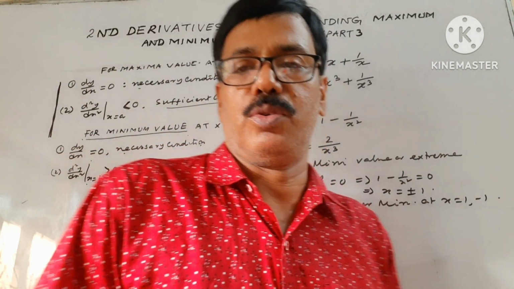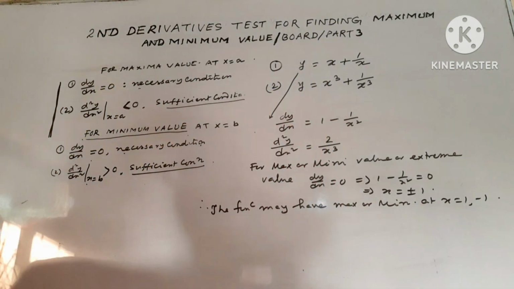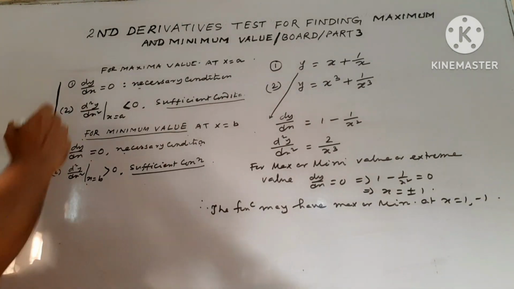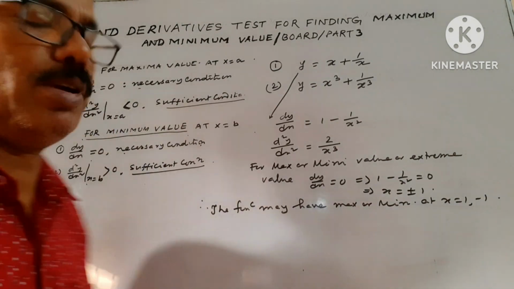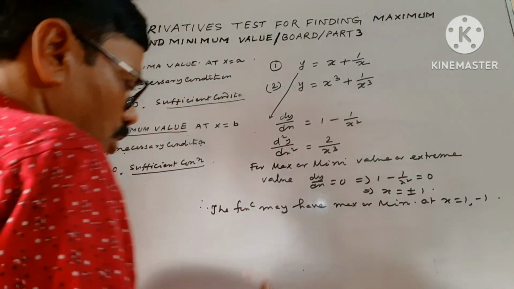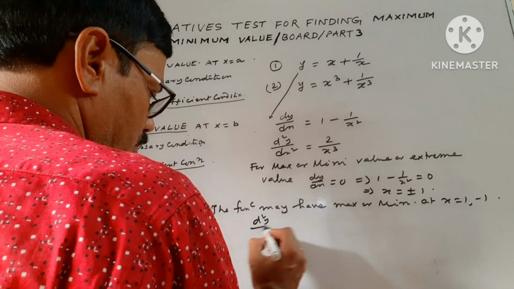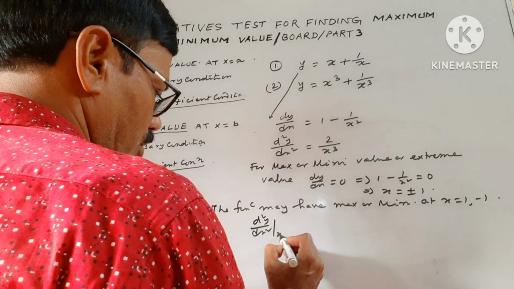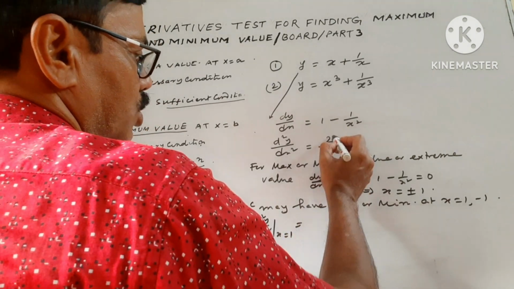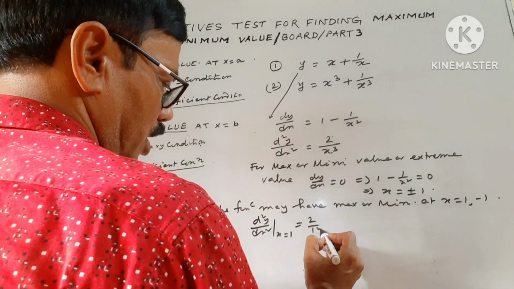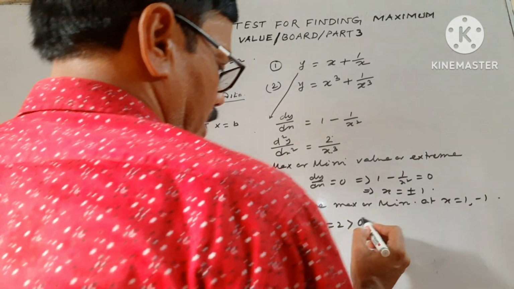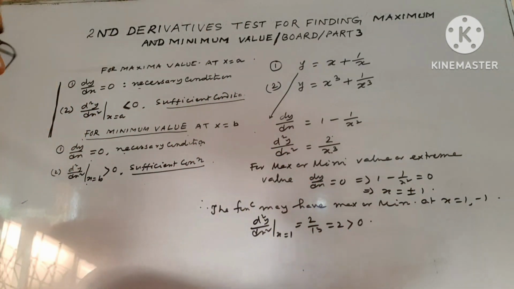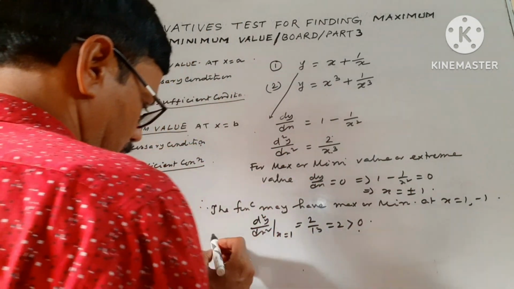Now you have to check the second derivative test. So d2y/dx2 at x equals 1 is 2 by x cube, so 2 by 1 cube equals 2, greater than 0. So this is the sure test, positive.